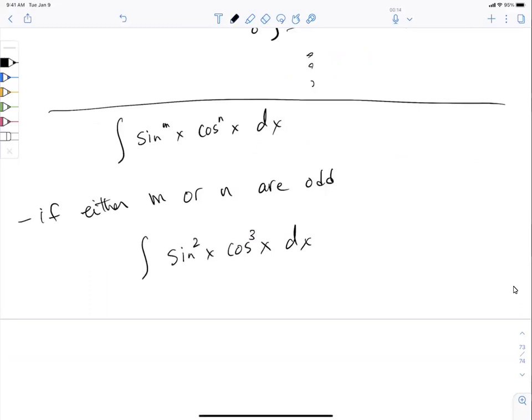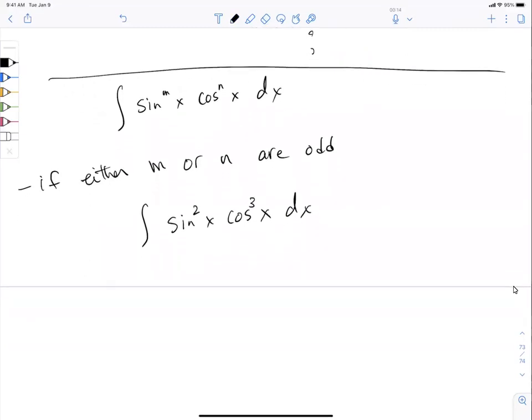One of them has an odd power, or both. If it's both, then you decide which one you want to do this process to. But if it's just one, then your life is a little bit easier because you can just do that one. What I'm going to do is peel off one of the cosines, whichever is the odd one. And again, if it's both, you pick which one you want to do.